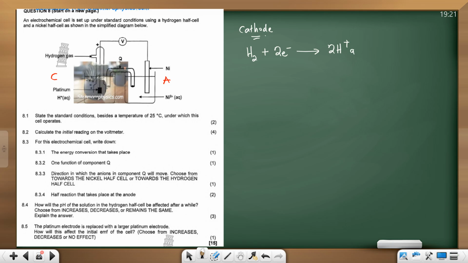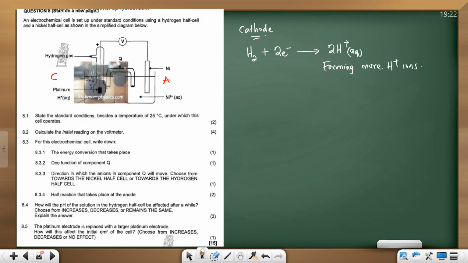2H plus. Okay, please look at this. What are we doing here? Do you notice that we are forming more hydrogen ions? So the 2 must be by the 2H. By the H2 gas, the 2 must go back to the H side.